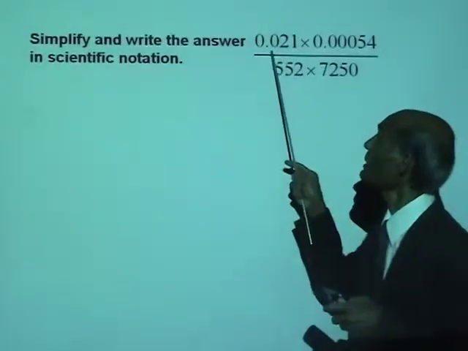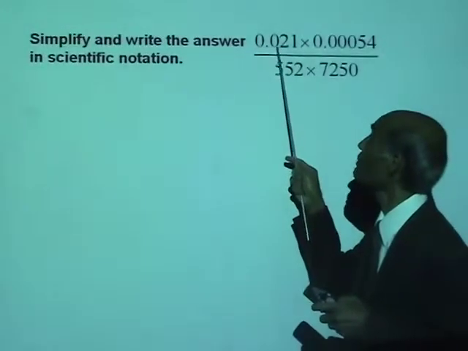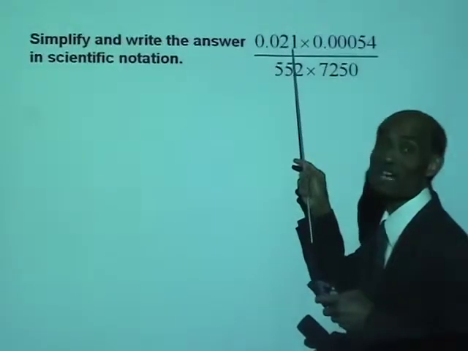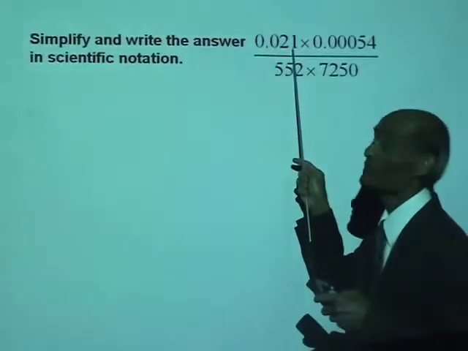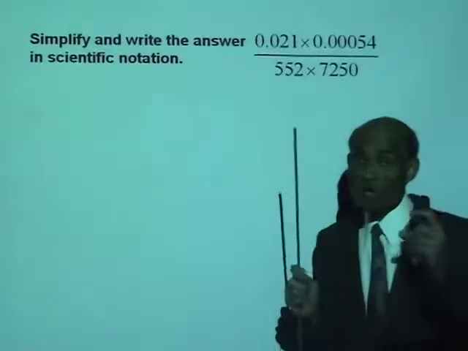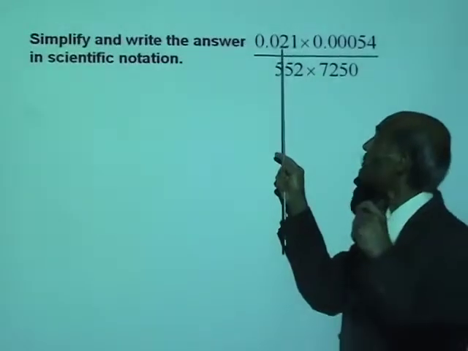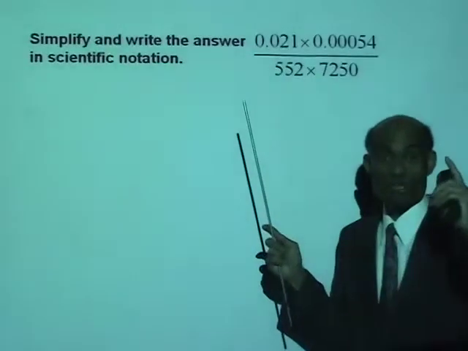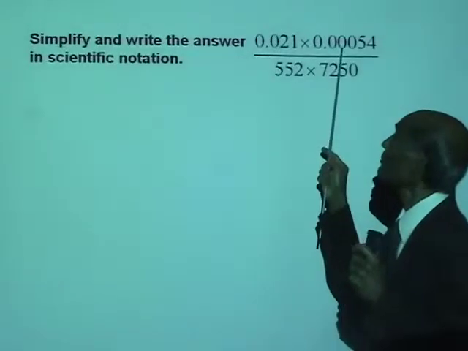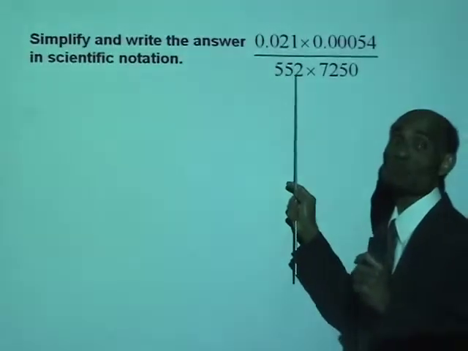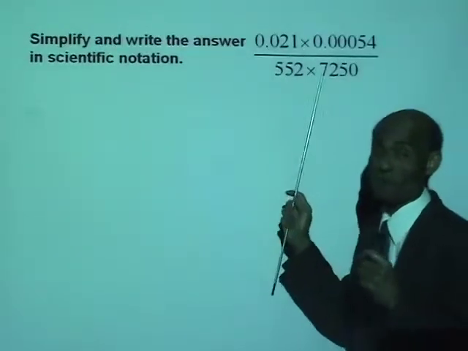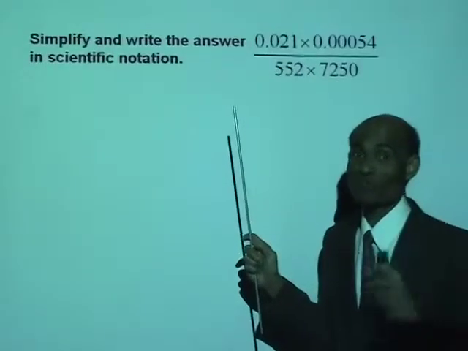Okay, tell me, what is 0.021 in the scientific form? To do that, now remember, a small number like this, the power of 10 will be negative. This also. How about these big numbers? The power of 10 will be positive.